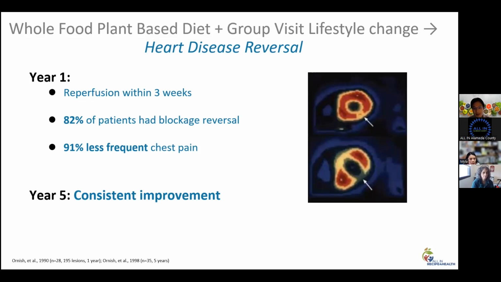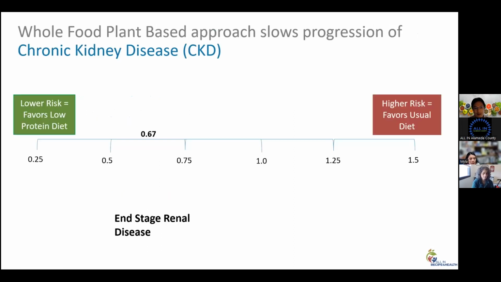The other piece is that Mr. Y has kidney disease. You may recall our relative risk approach, and there are some systematic reviews which show that end-stage renal disease for patients on a whole food plant-based diet is less than 1. And that favors basically a lower protein diet, which favors slowing the progression or decline of their kidney disease.